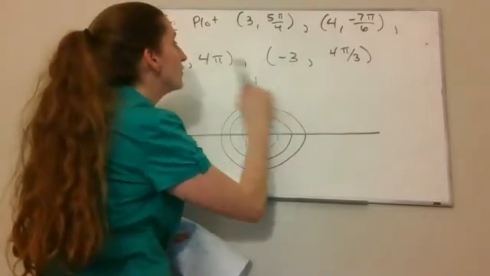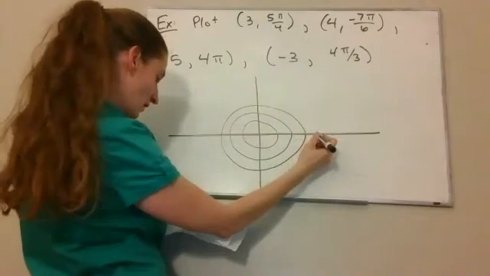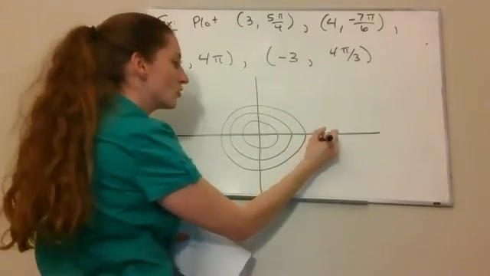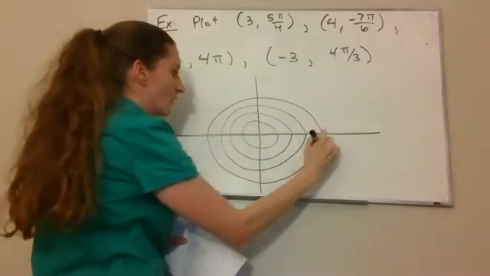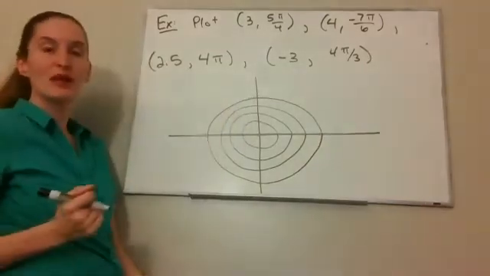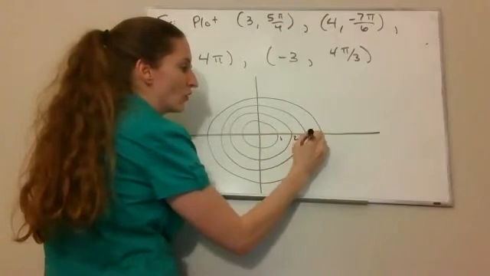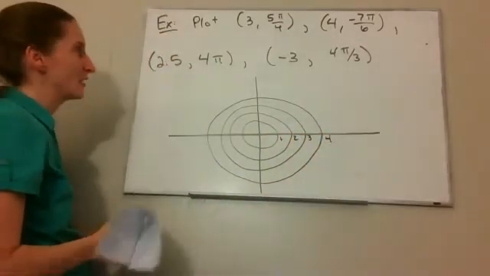We only need to go up to r is 3, so I'll just go one more just to show us where r is 4. So my circles that are getting bigger and bigger as I go out, we have radius 1, 2, 3, and 4 for those circles. That'll help us determine the proper distance.